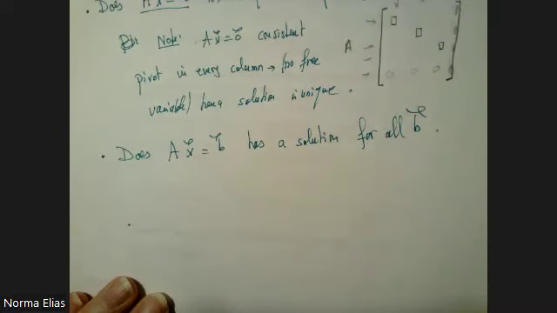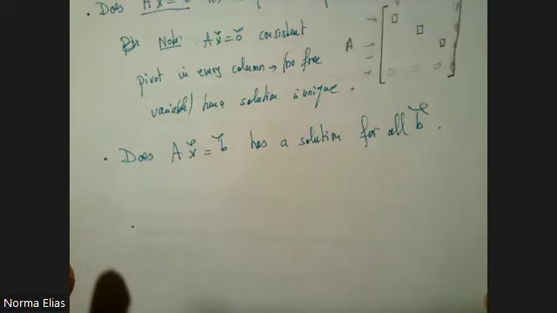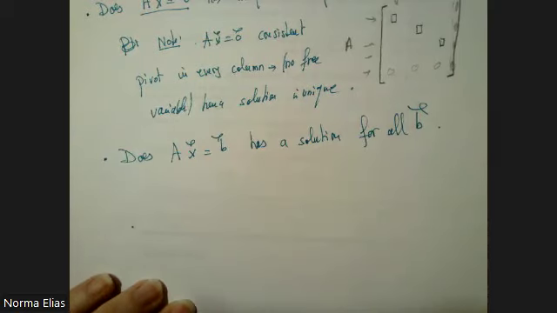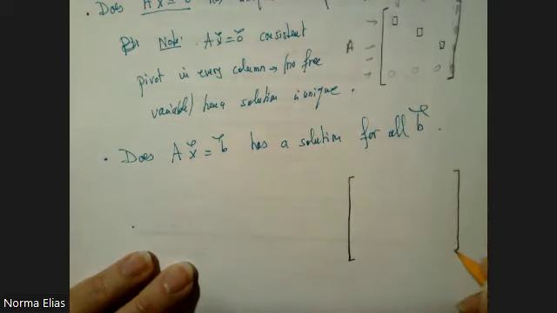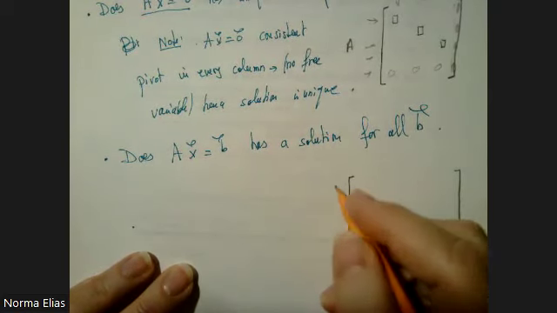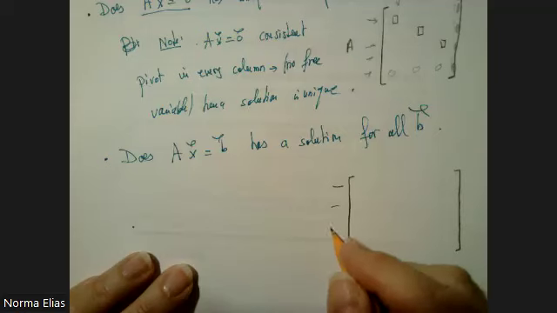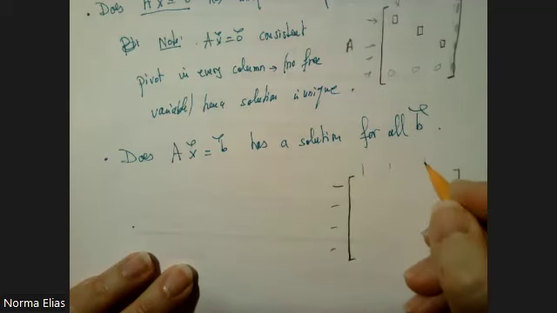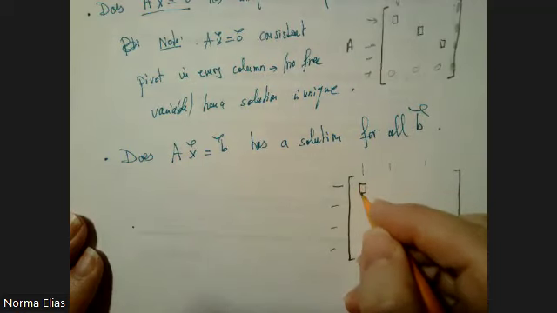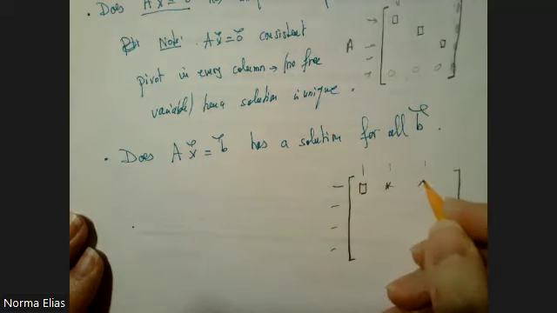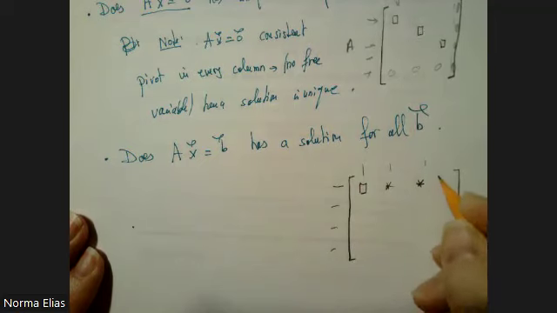Does AX equal to B have a solution for all B? Always draw the picture in front of you. So my A is 4x3. Okay, so it has 3 pivots. It means that's the picture here. That's for A.